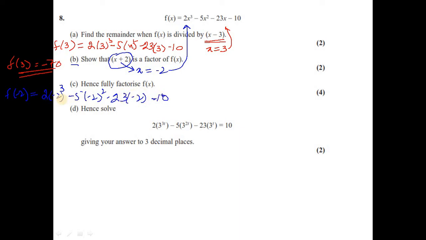And if you simplify all these numbers, f of minus 2, you will get 0. That means x plus 2 is a factor of f of x. You can check in your calculator. It should get 0.